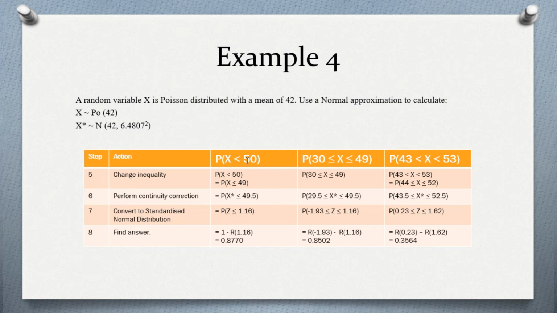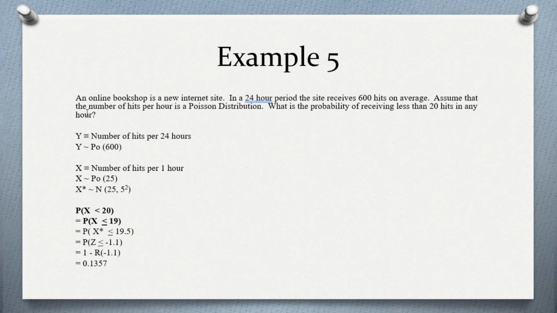Okay, same, everything from down here onwards, the method remains the same. If x is less than 50, x should be less than or equal to 49. So less than or equal to 49, then you plus 0.5. Then you change to z-score. All methods remain the same. No problem.